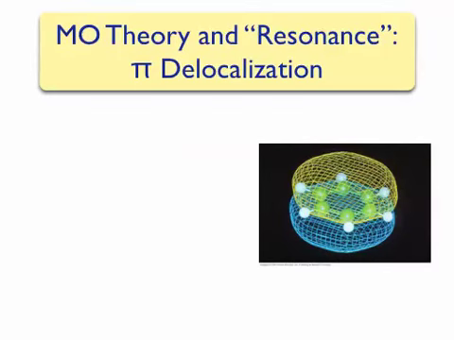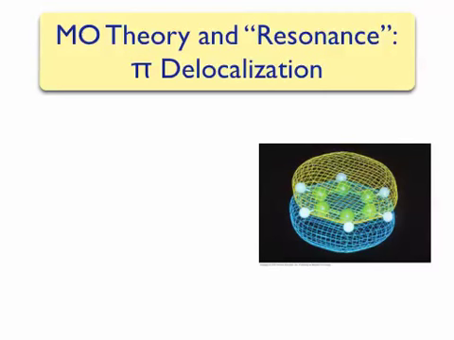Another thing that molecular orbital theory is able to describe very well is why there appears to be resonance structures. The way that MO theory deals with this is to say that there's no such thing as resonance. That is, multiple bonds do not swap places in a molecule.